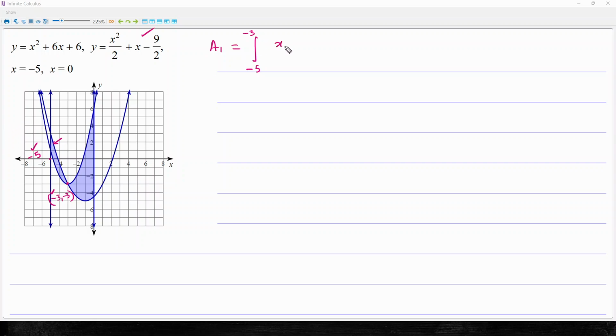So what we need to do is x square over 2 plus, and from that, we need to take away the parabola function, like this. And this will be our area 1. Now to find the area 2, the upper graph will be x squared plus 6x plus 6.